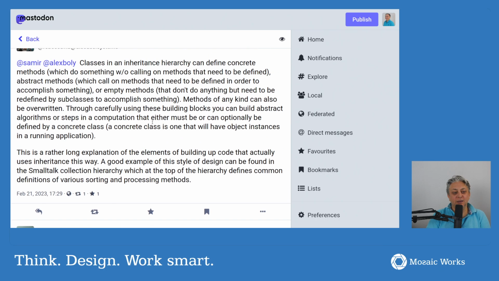Now, interesting thing, she also mentions two specific places where inheritance is useful.